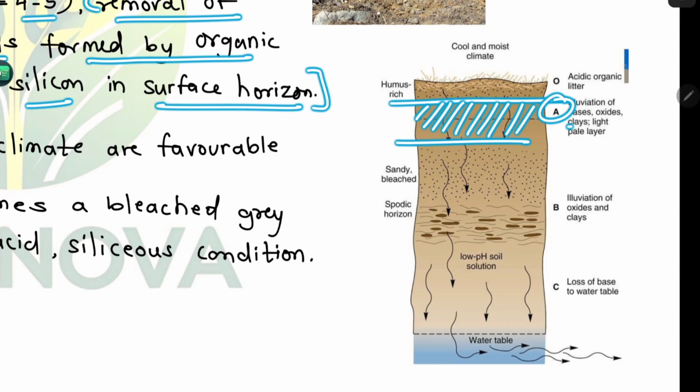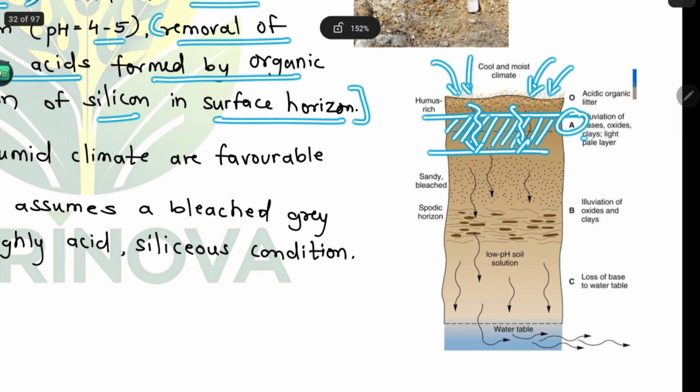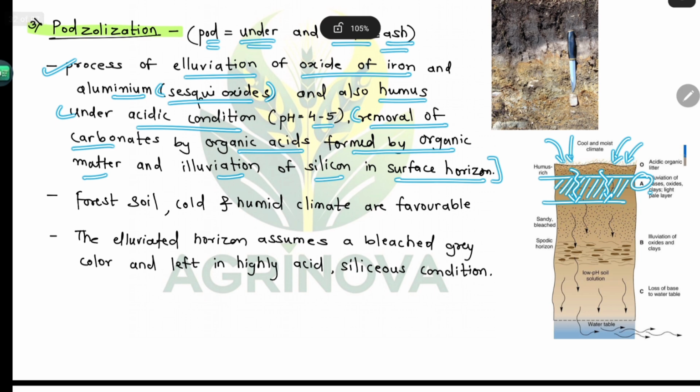We can see the amount of clay here is more due to the moist or waterlogged conditions or irrigation. The water takes down the minerals with it. So which types of minerals? That is the aluminium or the iron oxides, humus, and organic acids or organic matter.